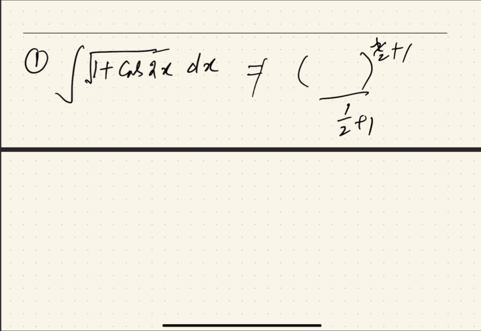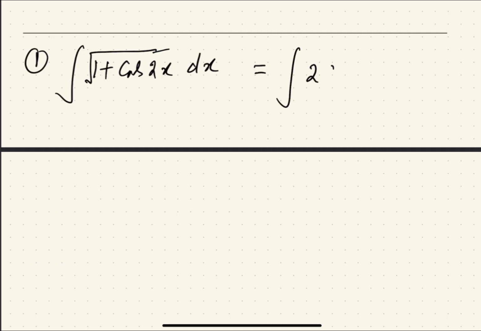What we have to do is use one of the trigonometric formulas, and that formula is 1 plus cosine 2x equal to 2 cosine square, and the angle is half of this. Okay, this is 2x, here will be x, and here will be the square root.